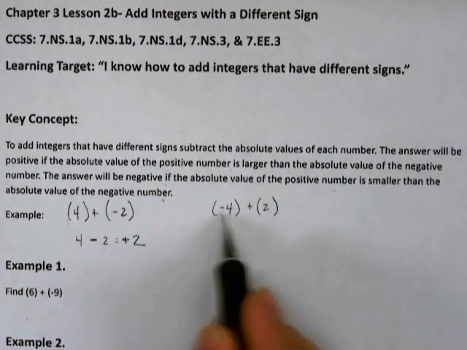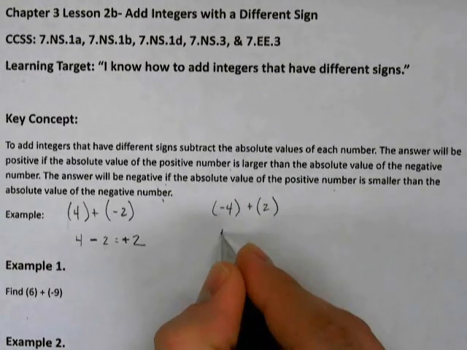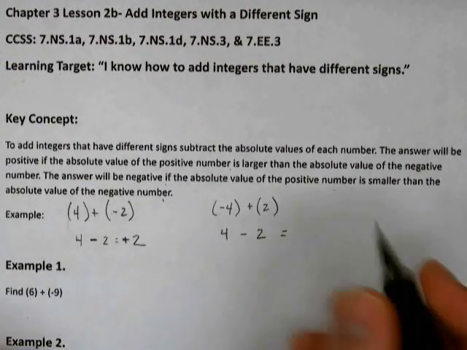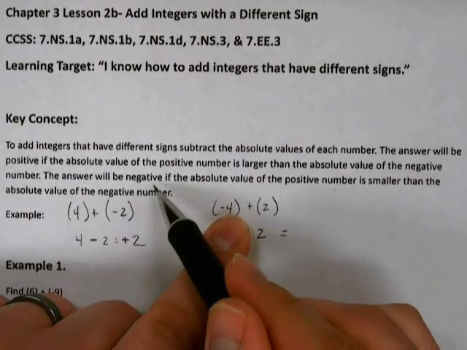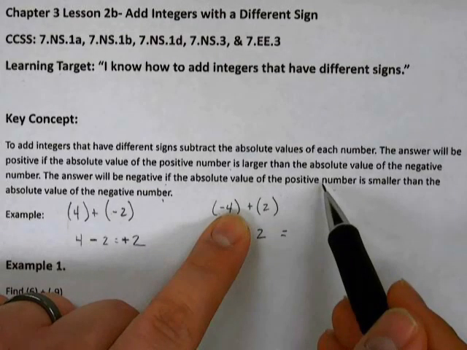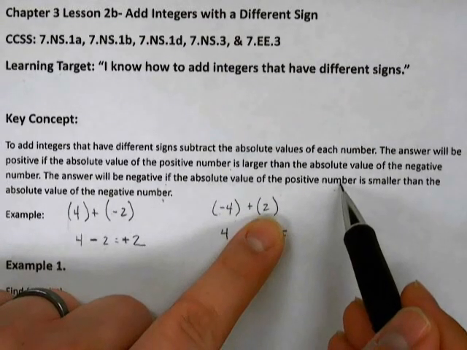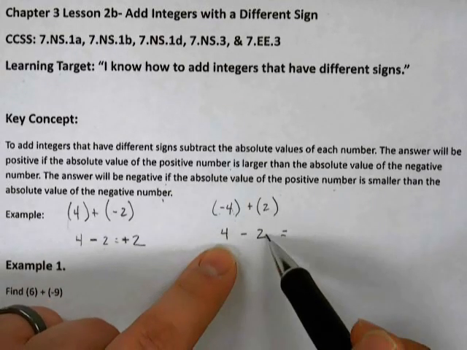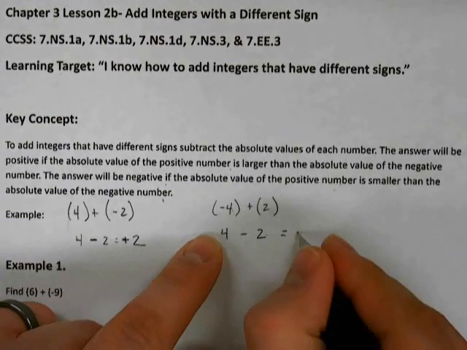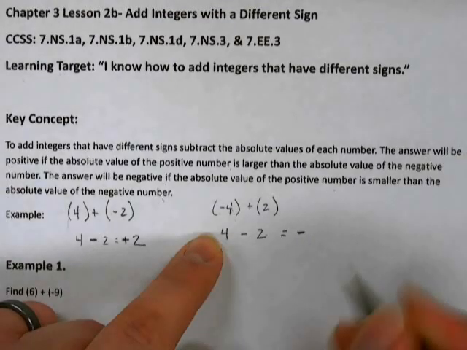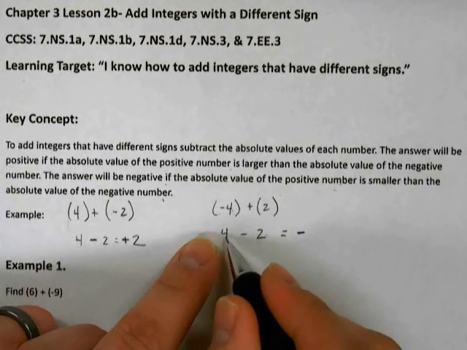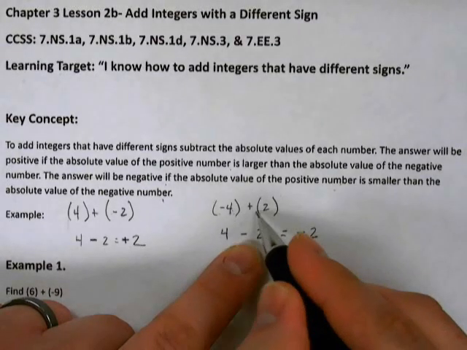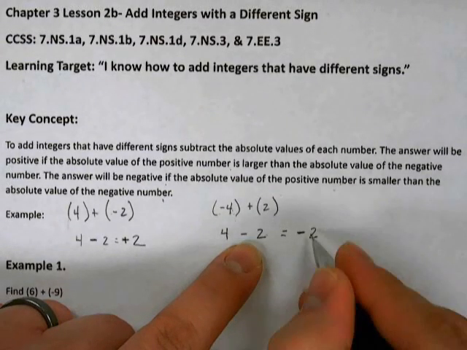We take the absolute value of both of these and get 4 minus 2. Remember, the answer is going to be negative if the absolute value of the positive number, 2, is smaller than the absolute value of the negative number. And 2 is smaller than 4, so this is going to be a negative answer. You can put in the negative right away, and 4 minus 2 is just 2. So negative 4 plus 2 is a negative 2.